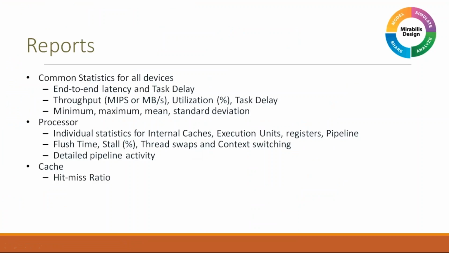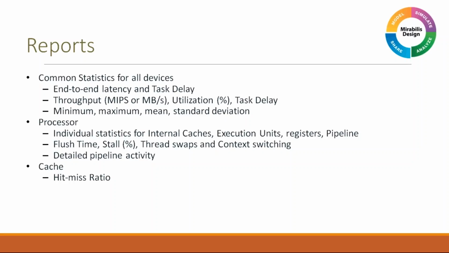So looking at the other reports that are generated automatically from the tool, that includes end-to-end latency and task delay. We also generate reports such as throughput and utilizations and task delay across the resource. All these different reports are provided in minimum, maximum, mean, and standard deviation, which may help you make the right decisions.